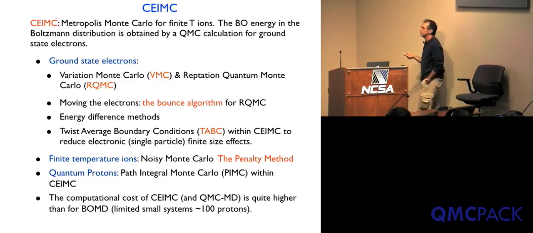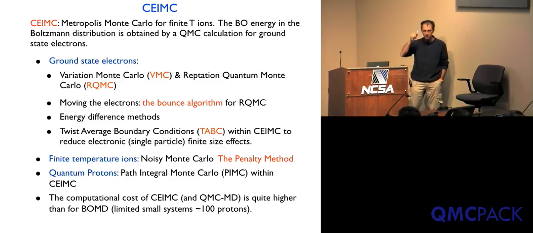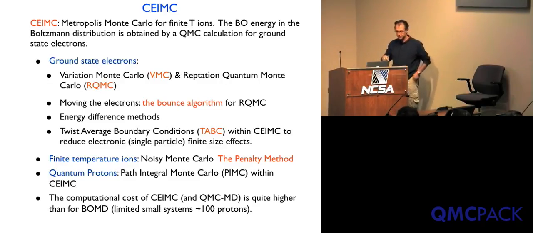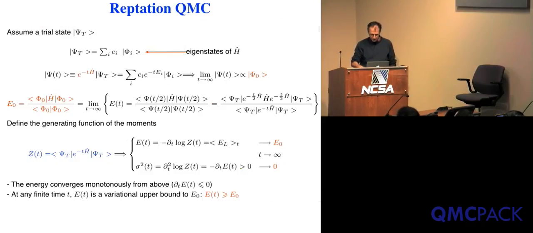And so we have developed a strategy to use imaginary time path integrals at finite temperature for the nuclei within this method. So not only can they be classical point particles, but they can be little ring polymers that have to move in this sea of electrons. Okay?